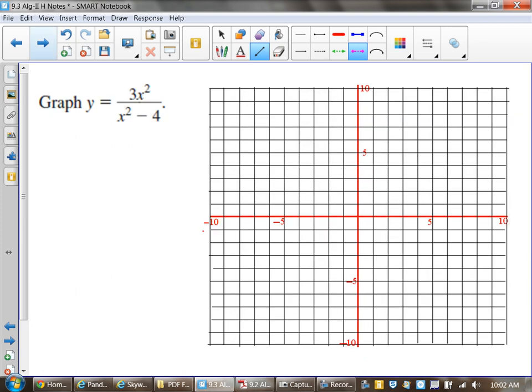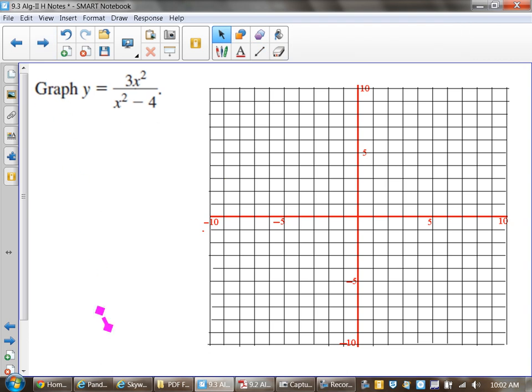I like it. Okay. y equals 3x squared over x squared minus 4.